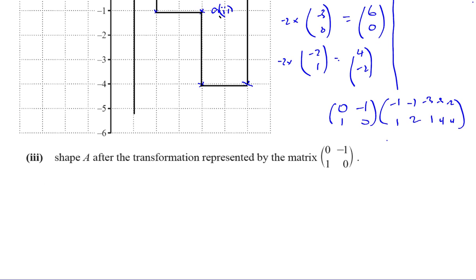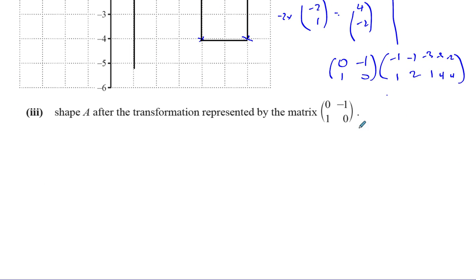Sometimes you are asked to describe what this transformation matrix does in words. So the way to do this is to picture in your mind something like this. You're not looking at the points that are on the graph at all.